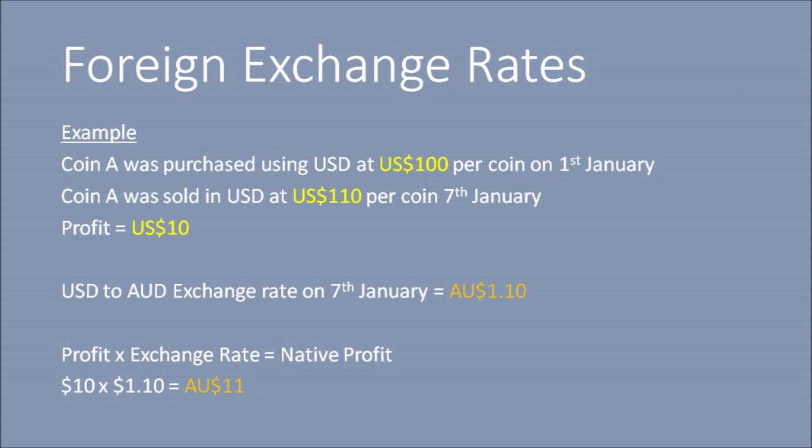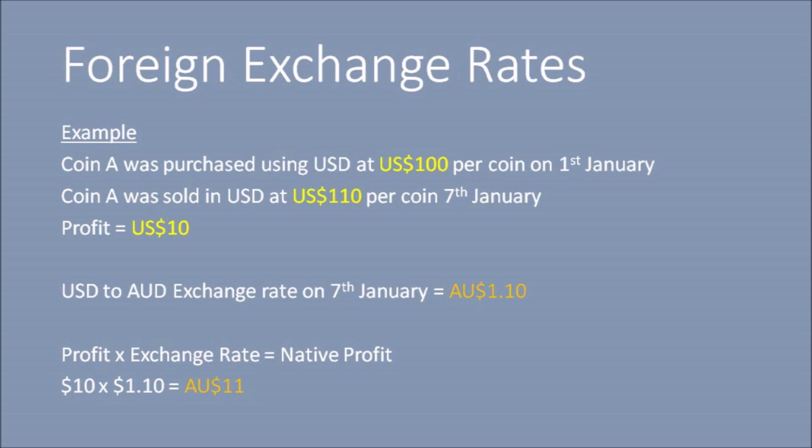So, for example, if we take coin A, which was purchased using USD at US $100 per coin on the 1st of January, we then sell coin A for $110 US on the 7th of January, we have effectively made a profit of $10 US.